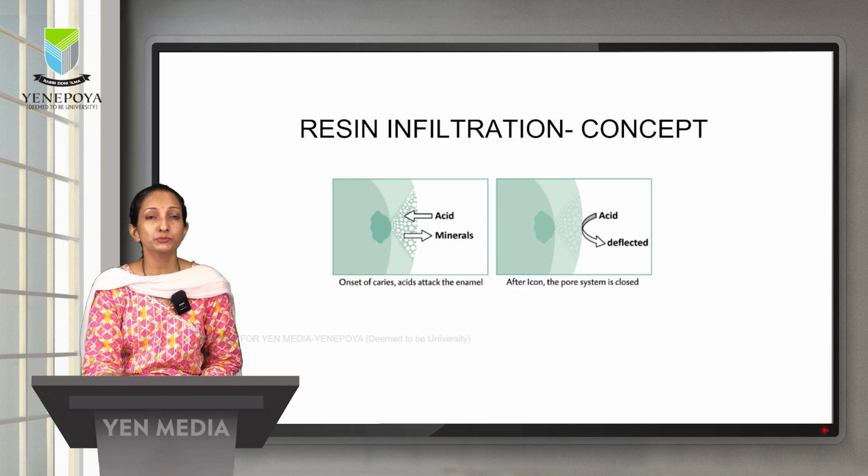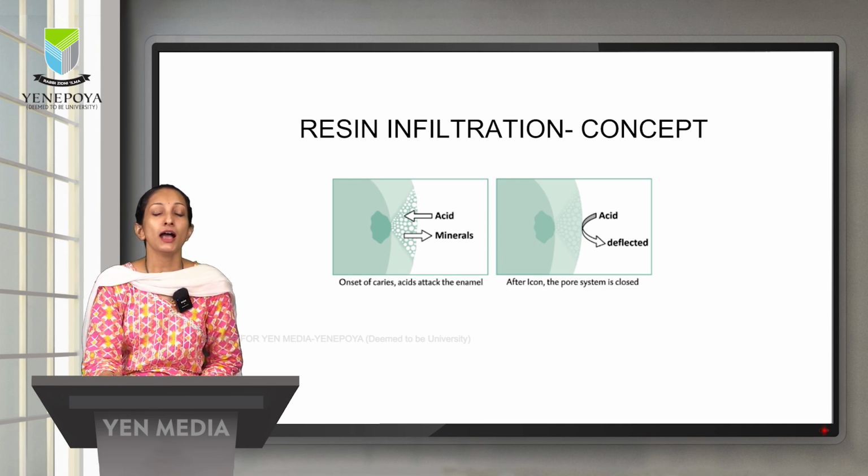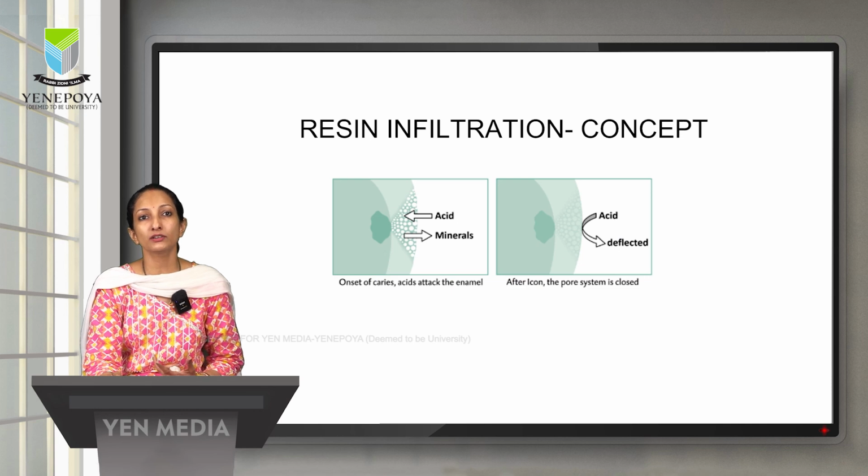Now, what is the concept behind resin infiltration? As I told you, demineralization is particularly caused by the acid attack, which is mainly from the diet or the acid produced from the bacteria. Now, the acid that is produced will cause porosities in the outer surface of the enamel.